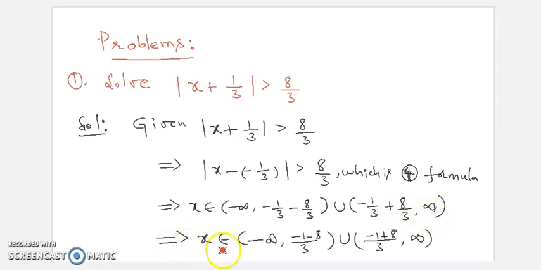That implies x belongs to the open interval minus infinity comma, here the denominators are the same, that's why we add or subtract numerators, minus 1 minus 8 by 3, union the open interval, here also the denominators are the same, so we add or subtract the numerators, minus 1 plus 8 by 3 comma infinity.